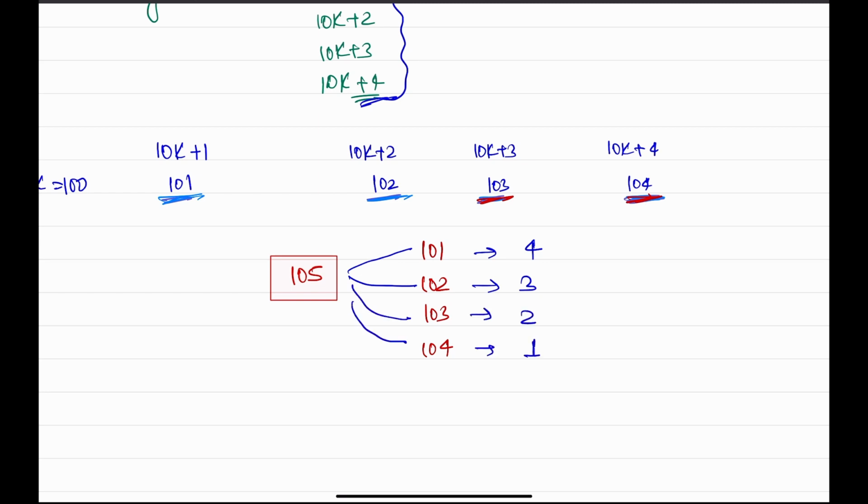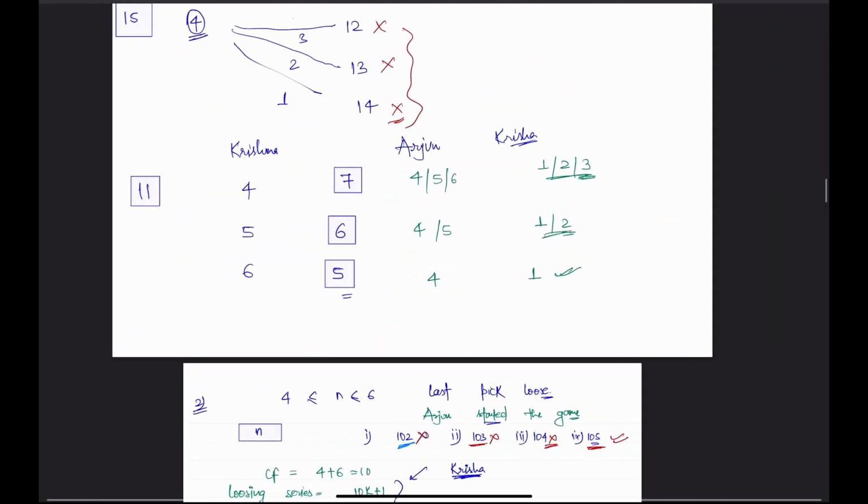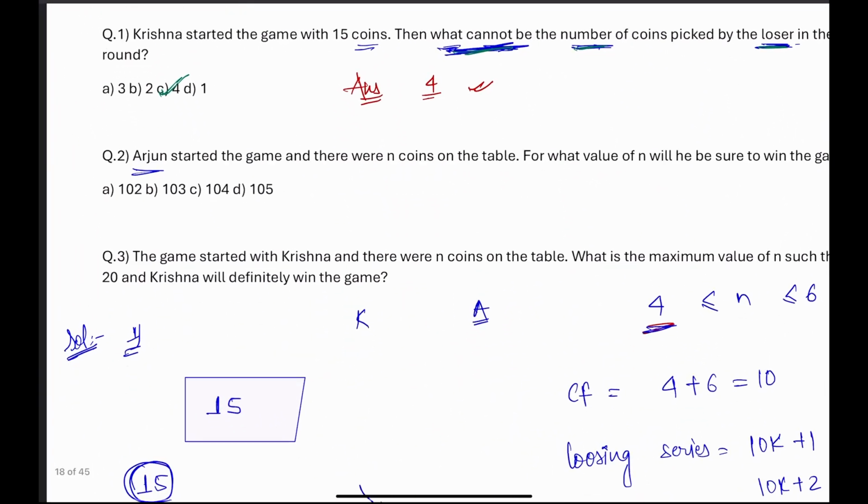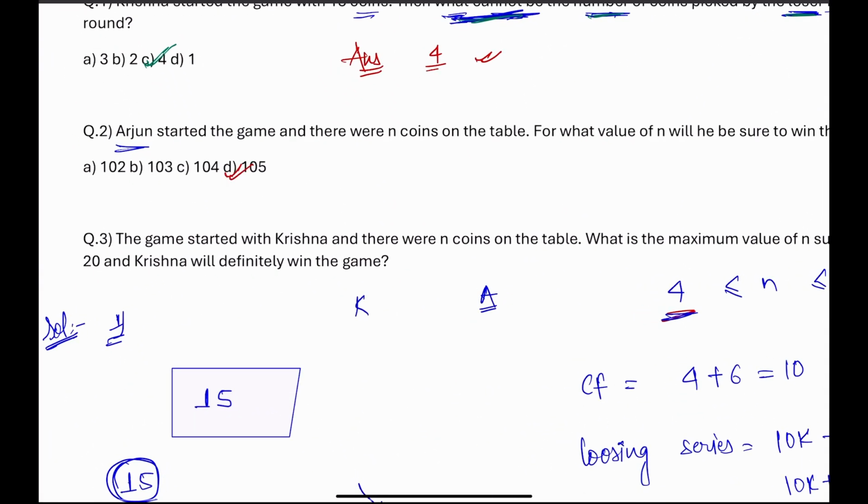But there is a restriction in the question that he should pick between 4 and 6, so only 4 is possible. So Arjun will pick 4 coins in the beginning, and then Krishna will be on 101, which is a losing position. So the answer to our next question is 105.